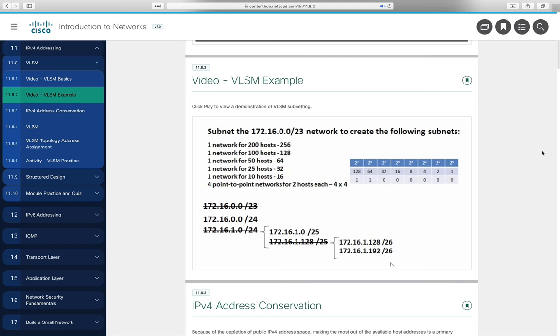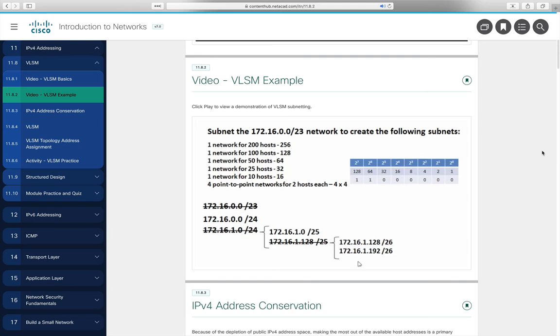Furthermore, with the /26 subnet mask, you only have 1, 2, 3, 4, 5, 6 host bits, and 2 to the 6th power is 64, meaning there's 64 hosts, 62 usable per subnet. I now have my 256 host subnet, I have my 128 host subnet, and my 64 host subnet.